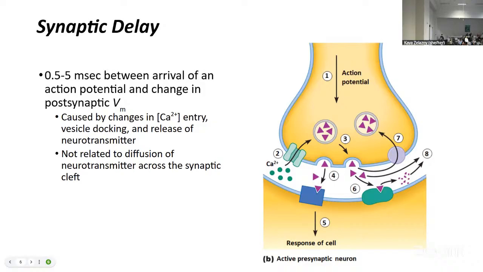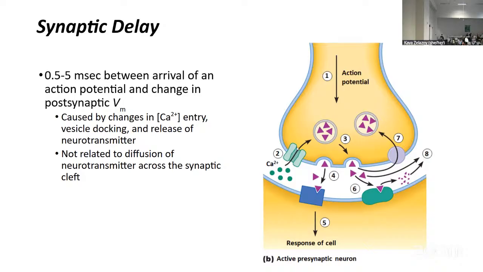And you might think that because we have a gap here, the delay has to do with the space we have to travel, but that's not actually the case. Remember when we talked about our voltage-gated sodium channels and voltage-gated potassium channels, and how they had a time delay on them? This time delay is linked a little bit to this calcium entry.